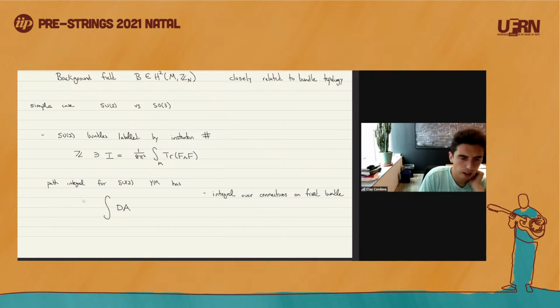But then it also has a sum over instanton number I, which is in Z. So this is labeling the different topological types of bundles.